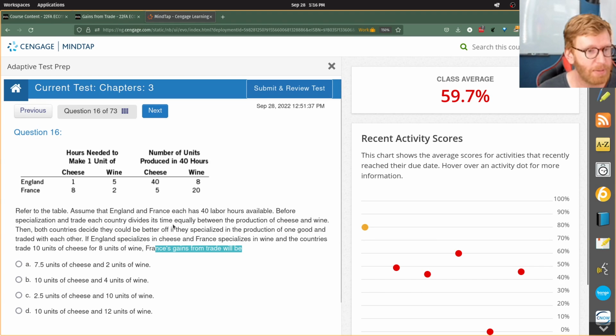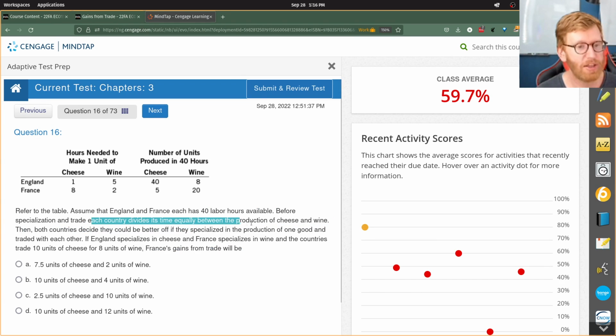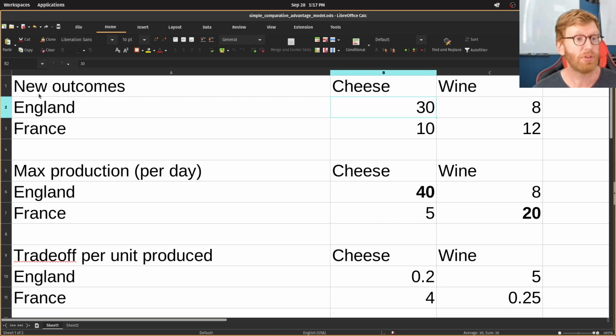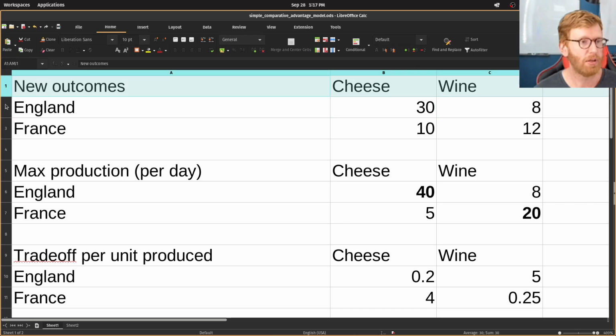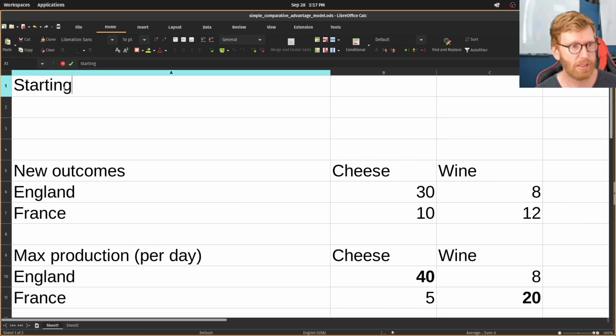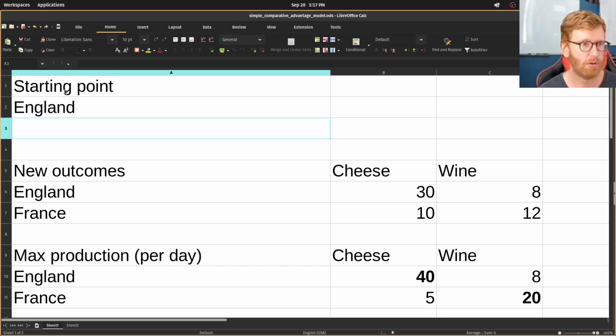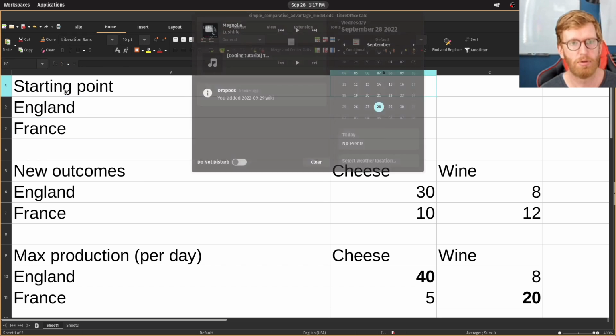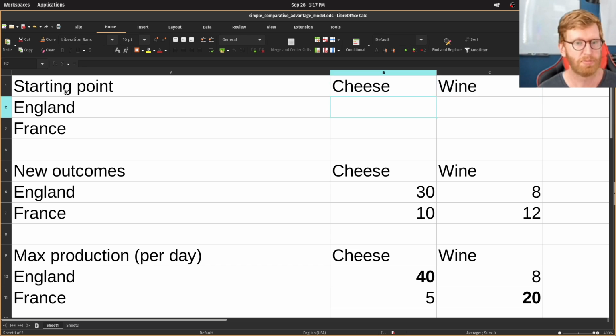What's our basis of comparison? Initially, they divide their time equally between cheese and wine. So this is their new outcome, and let's say their starting point. Their starting point was 40 divided by 2.